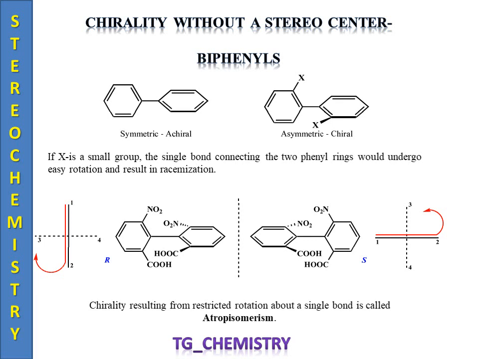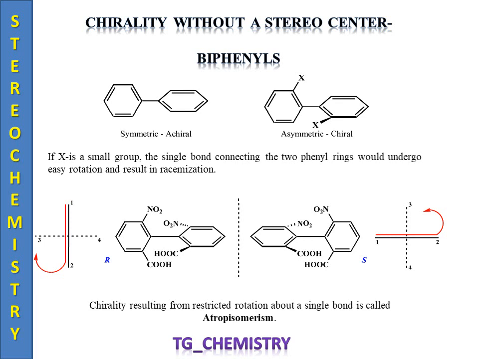So in that case, the X substituent needs to be some bulky group. By means of steric hindrance, they restrict the rotation around the single bond, and therefore chirality generates. And this phenomenon is known as atropisomerism.